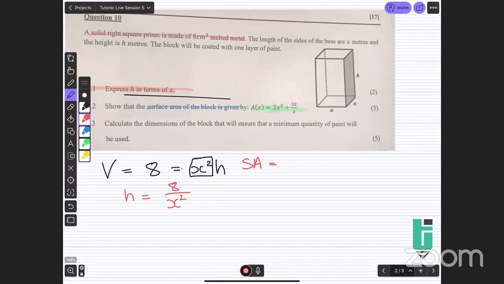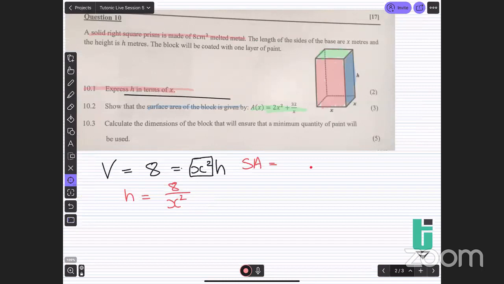Wouldn't it just be length times breadth plus something? Would it be 4xh plus 2x squared? Okay, but let me just explain what you did. So 4 of the sides are equal. Which four are equal? The rectangular surfaces. Do you guys agree with that statement that they are equal? Yes. Red equals the blue.